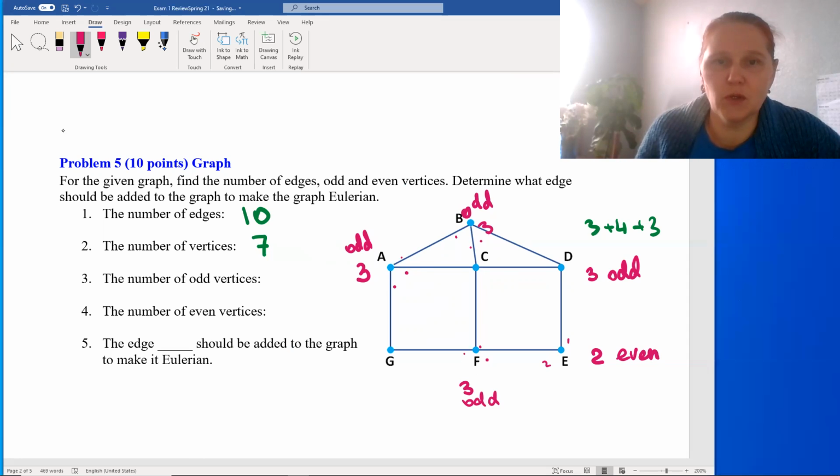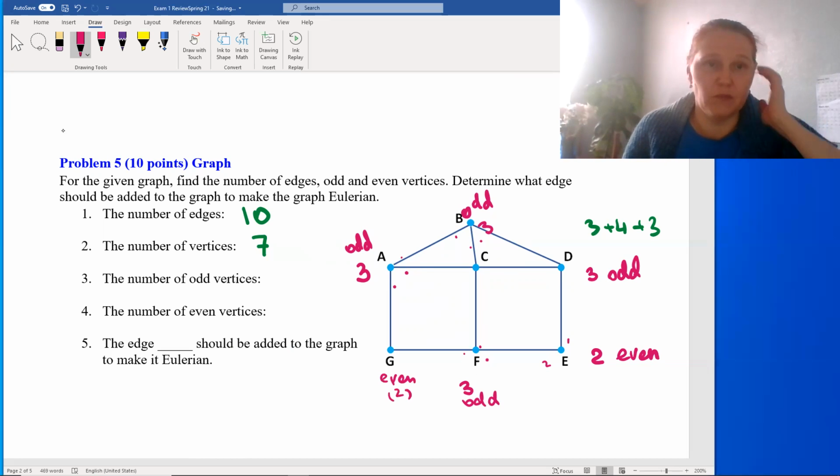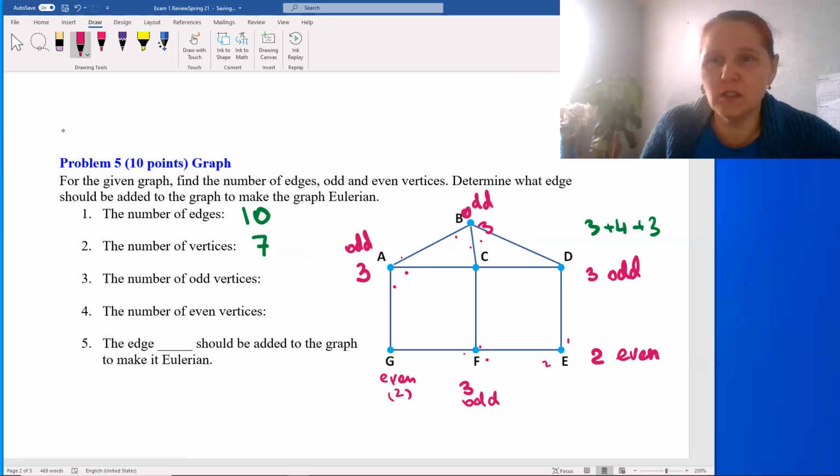And G is also even. So the degree is 2, is an even number. So how many odd vertices? We have 1, 2. I think I forgot C. So C has 4 lines, so the degree of C is 4, and this is an even number.